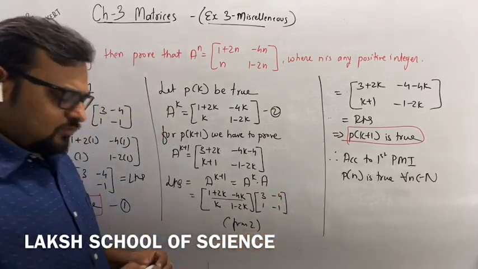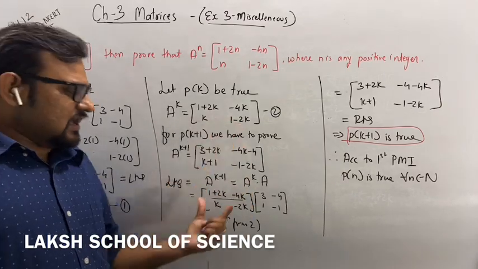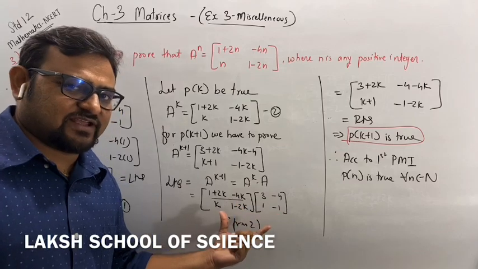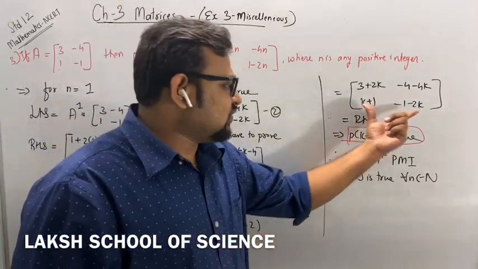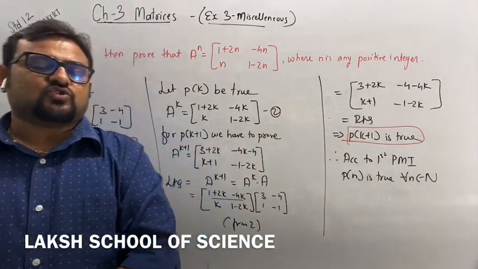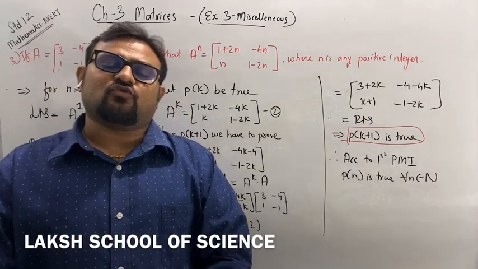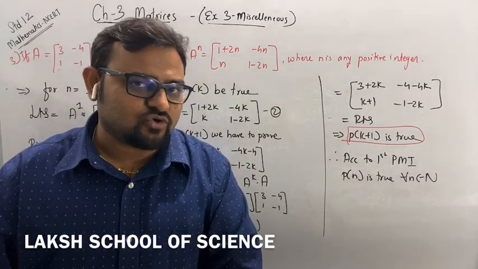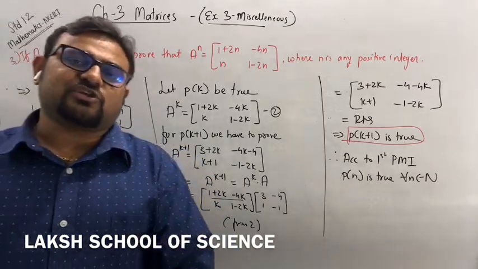So from 2, I just replaced the value of A raised to k as this. And then I multiplied both these matrices. Both are 2 cross 2 matrices. They can be multiplied. I got an answer which is equal to RHS. So P of k plus 1 is true. So according to the first principle of mathematical induction, P of n is true for every n belonging to N. Clear? So just note down question number 3.